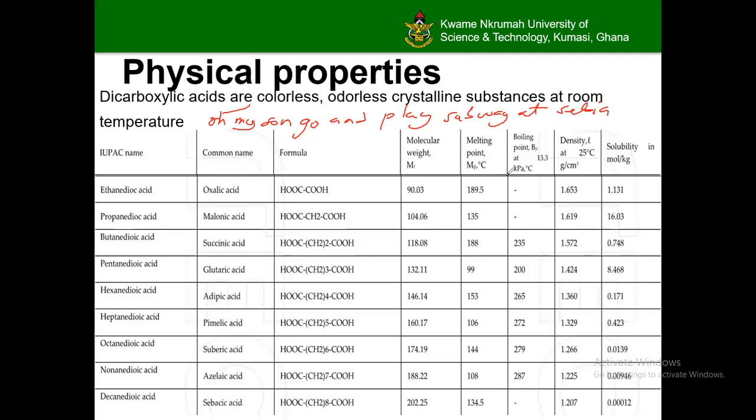Now, there are other properties being explained here. They have shown us the boiling point, the density, and the solubility. It is worth noting that what happens at the melting point, the opposite happens at the solubility. That is, the odd numbered ones are more soluble. They are more soluble because the bonds between the molecules are weak because of improper arrangement.